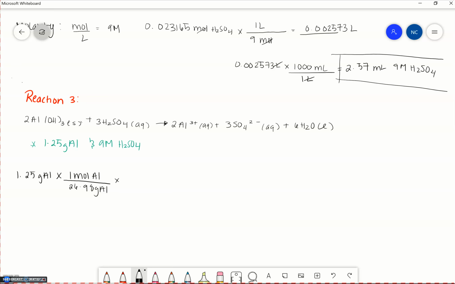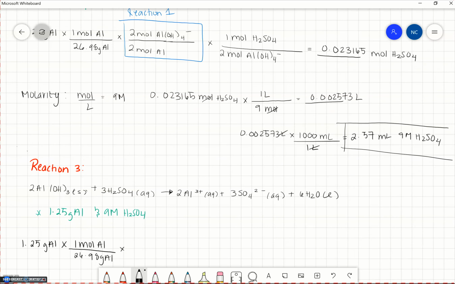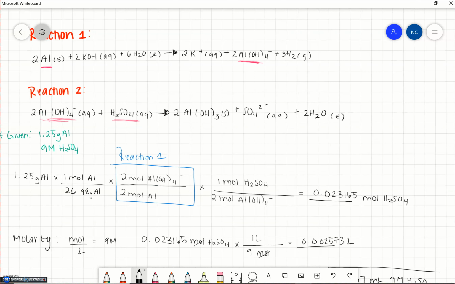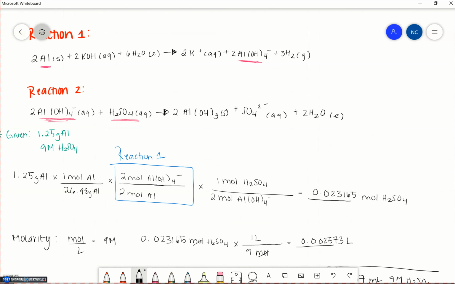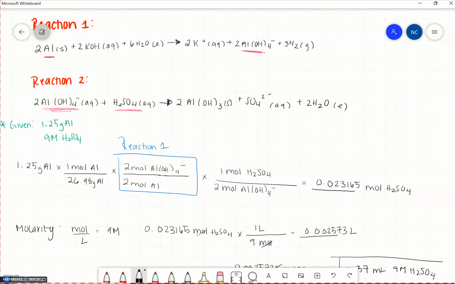And remember, we have to use the balanced equation from reaction 1, because we're going from aluminum to aluminum hydroxide 4-.